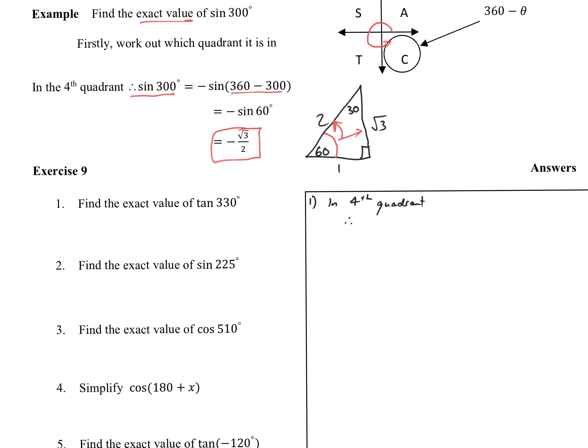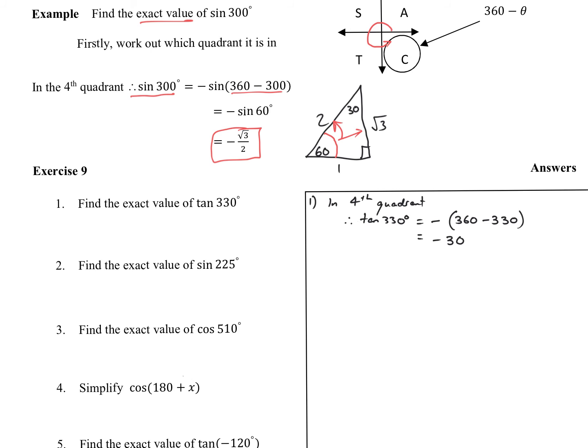Therefore, we're looking at tan. Is tan going to be positive or negative? Negative. So it's going to be negative, 360 minus 330. Okay, so we're looking at negative 30.